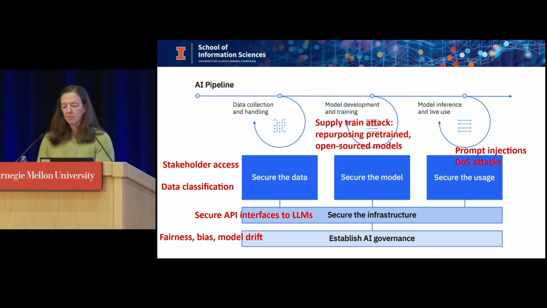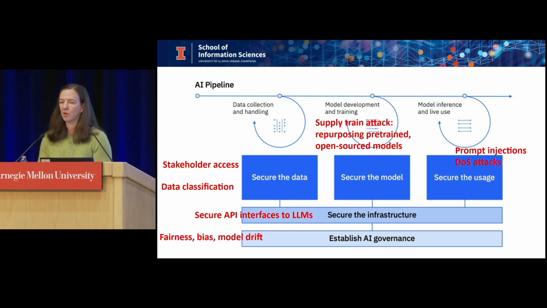In terms of securing the model, one of the big highlights that is very similar to regular security is supply chain attacks. Everything from the hardware and the chips to a lot of our models, data and libraries is open sourced, and there's been very interesting work on Hugging Face and these other very large open source tools that people use.